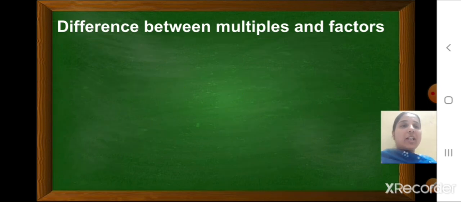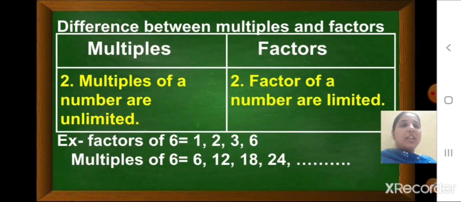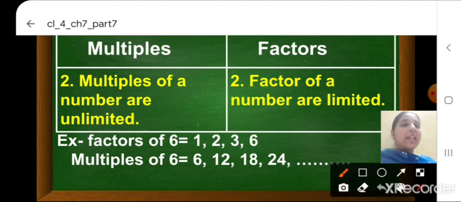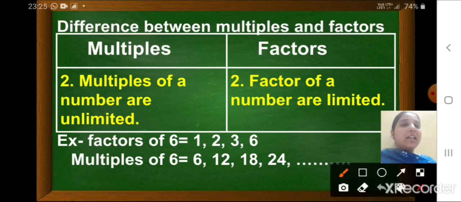For example, you can take the example here. The factors of number 6, you can see 1, 2, 3 and 6. These factors are either equal to 6 or less than 6. You can see 1, 2, 3, they are less than 6. But if you see the multiples, they are either equal or more than the given number.